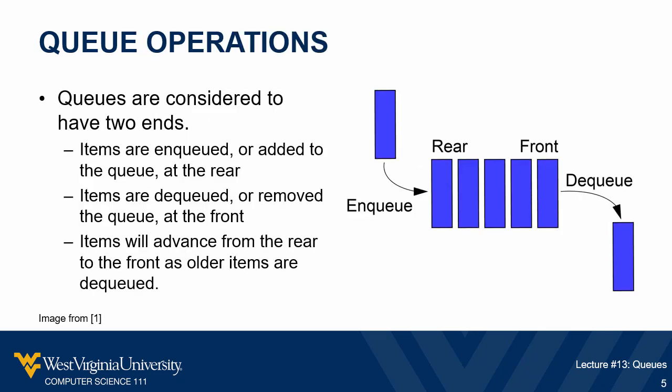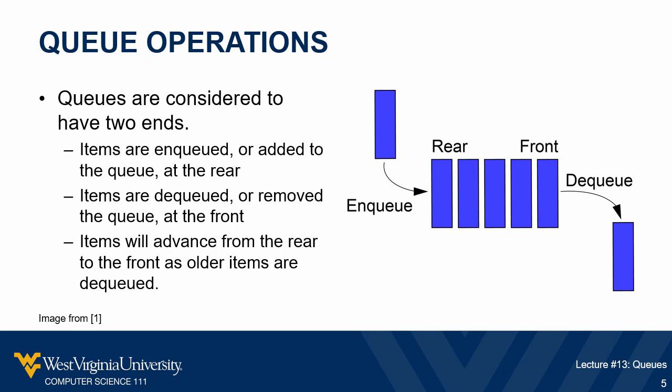When we're working with queues, they're known to have a front end and a rear end, sometimes also called head and tail respectively. When we add things to the queue, that process is called enqueuing, and that happens at the rear of the queue, so the back of the line.